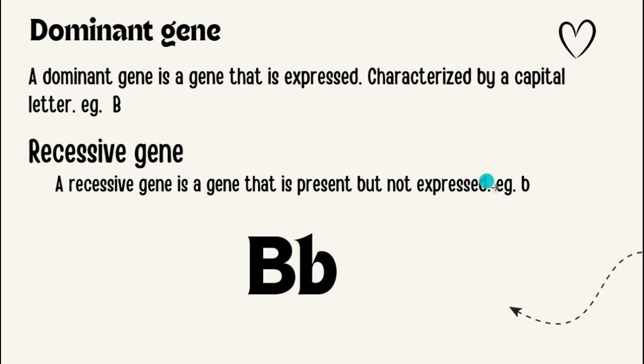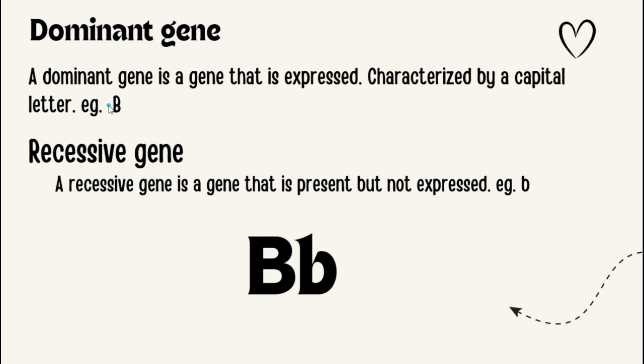Now, how I would explain this is that, as I said before, genes code for a particular trait. So now this B is for example purposes only, because if we want to represent the gene, we can use anything. We can use a big A, a big B, a big C. It depends on what trait we're coding for, right? So in this situation, this big B is going to represent black hair.